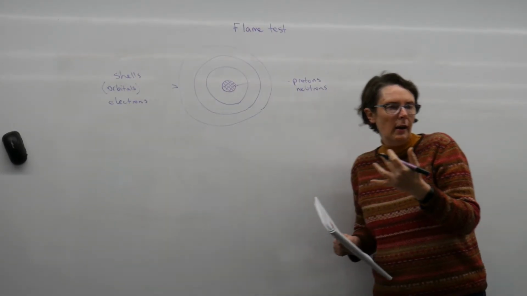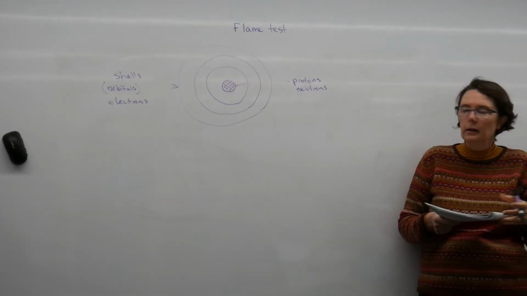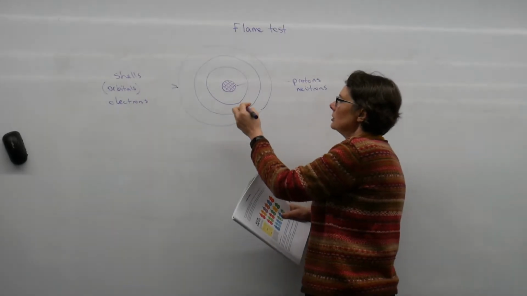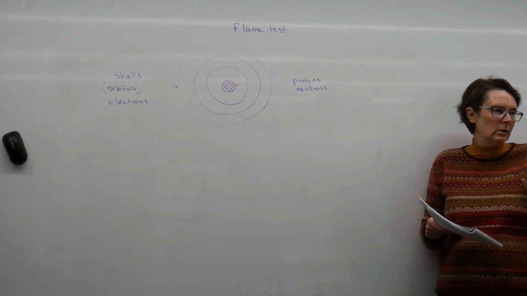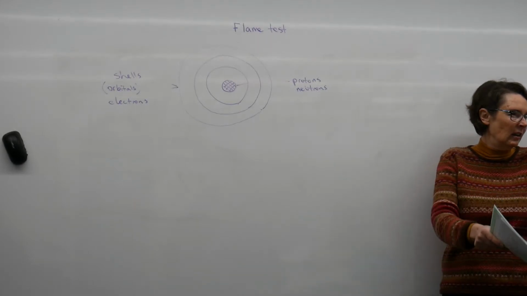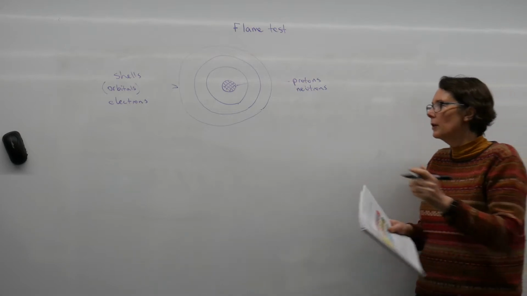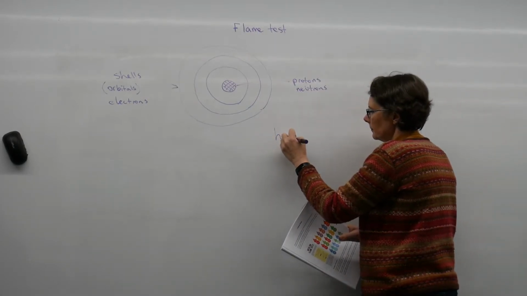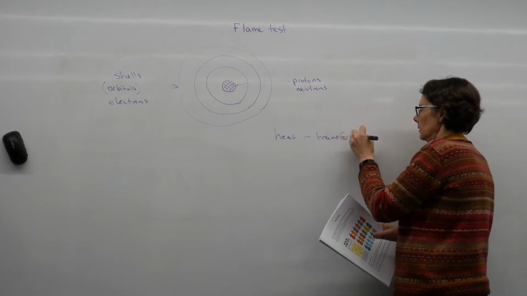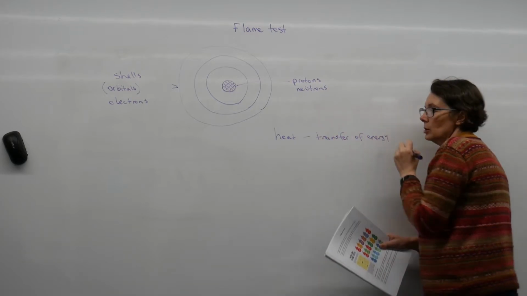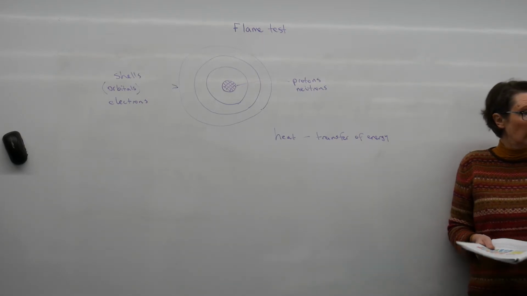Now, if I heat up my metal ion, what I can actually do is I'm giving it energy. Heating something is adding energy into the system, isn't it? So it's a transfer of energy, because one of our laws in science is the conservation of energy.